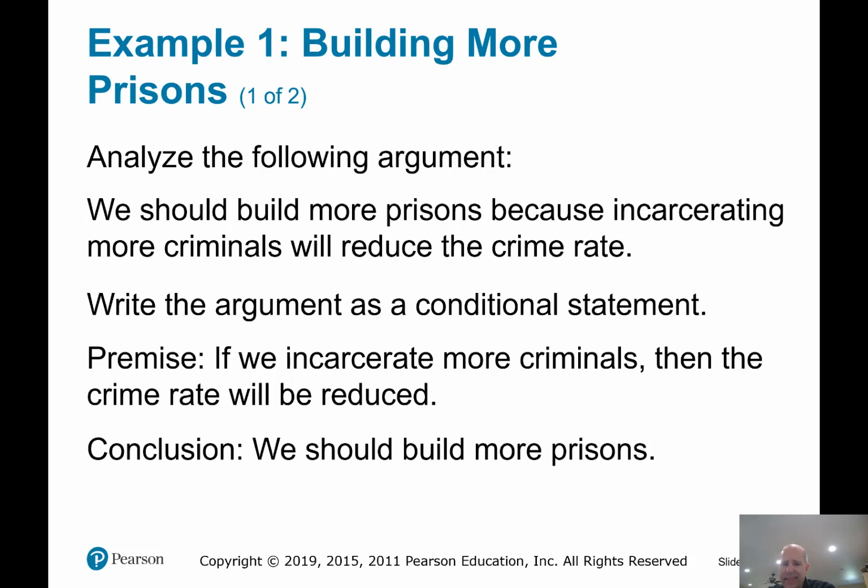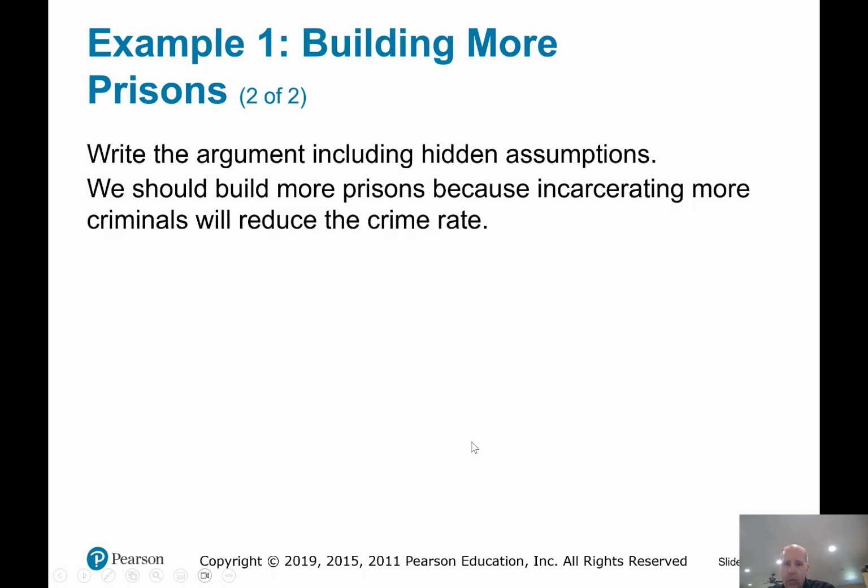So let's see if we can connect the dots, because how do we get from the crime rate being reduced to we should build more prisons? Okay, not quite obvious how we get there. So we're going to write some hidden assumptions that are being implied here, some implied assumptions.